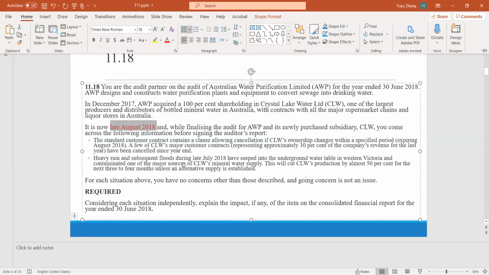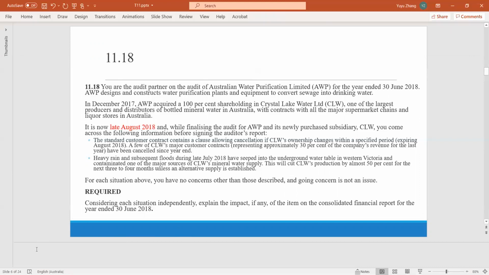So we got two situations. Please consider the situations independently and then discuss. How would you include this item in the consolidated financial report? Basically, how would you deal with those newly known subsequent events? Any idea?